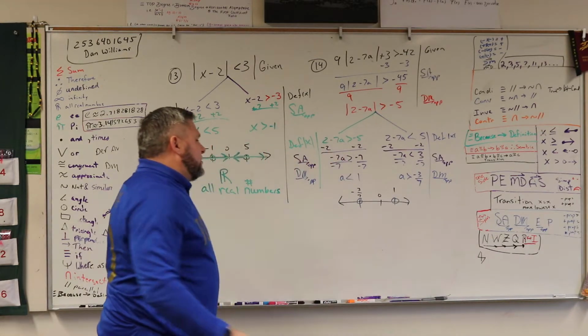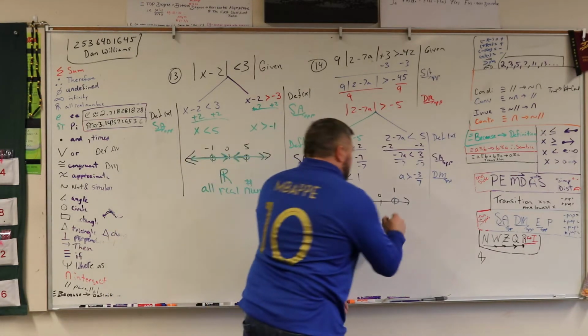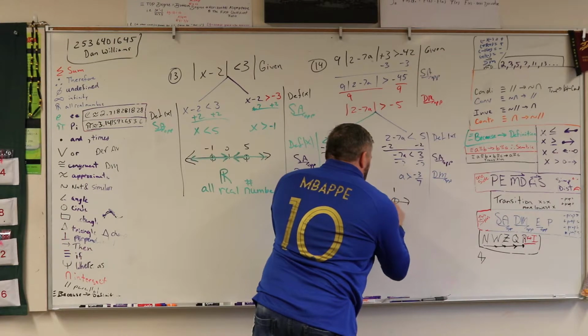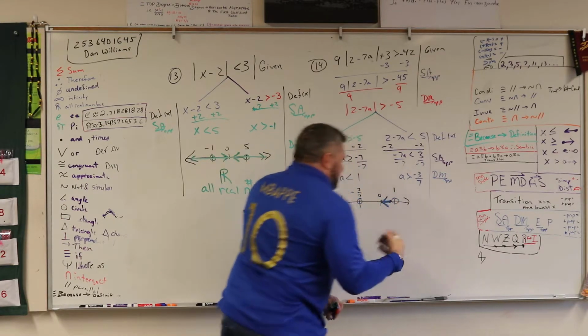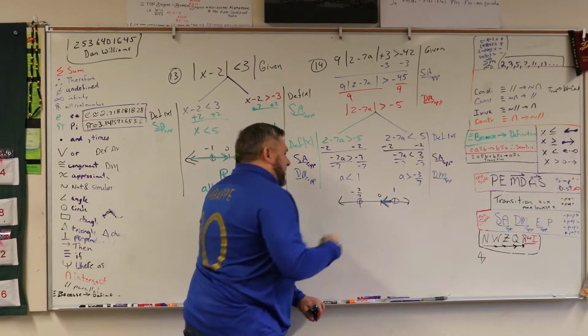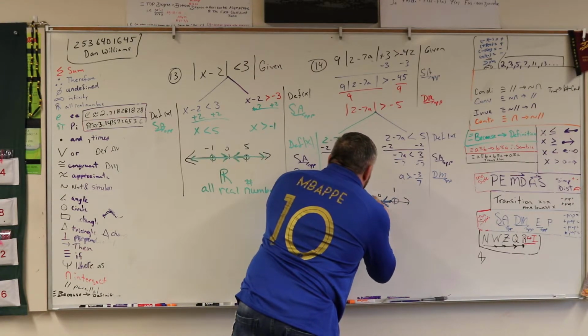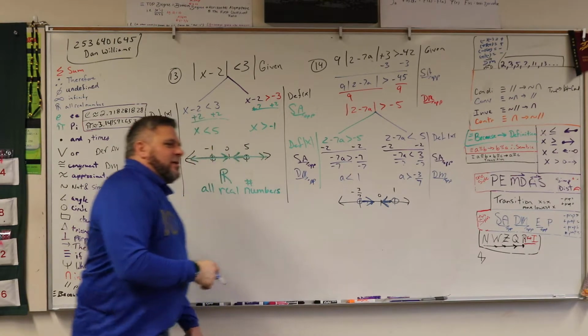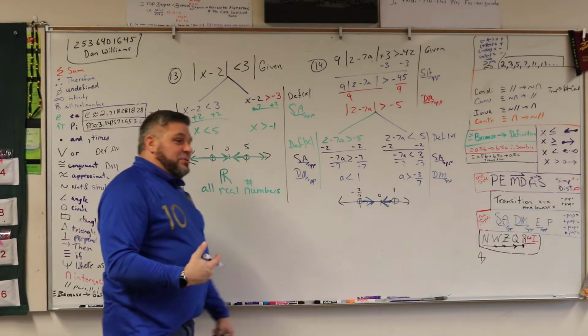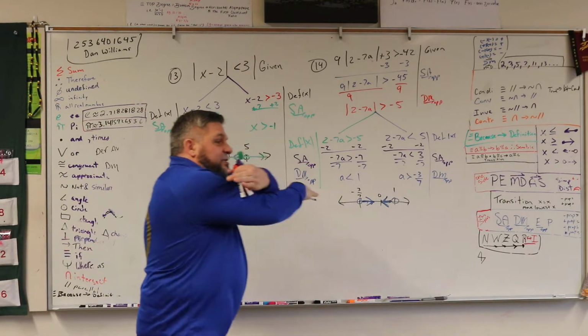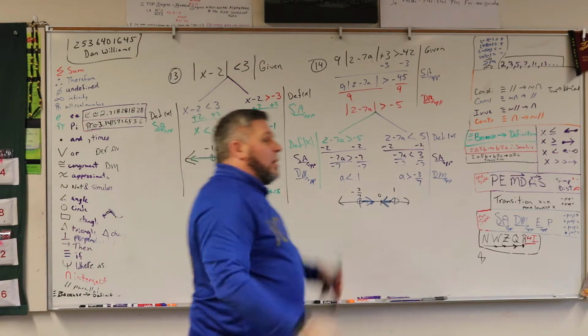What direction is the 1 going? To the left. And the negative 3/7 goes to the right. Because it's all real numbers, right? Whenever we go towards each other, it's all real numbers.